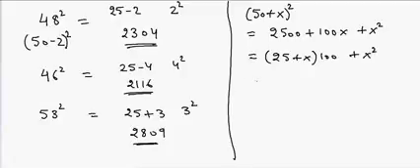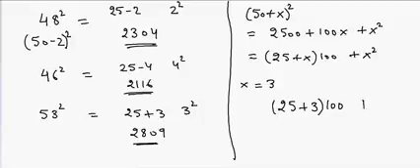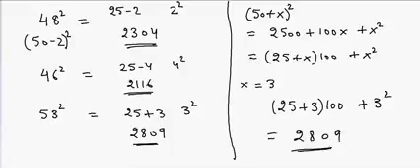So as you can see, if x is equal to 3, then I'm adding 25 plus 3, and then I'm adding 3 square, so the answer is equal to 2809. This is how this trick works. It's based on a plus b whole square.